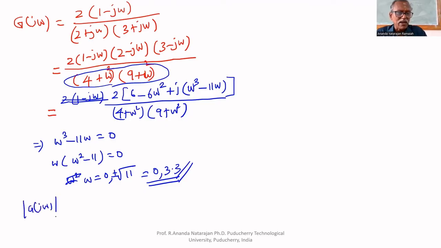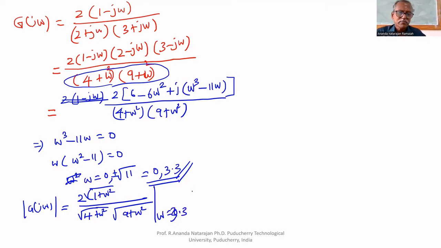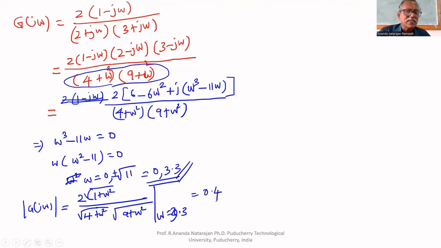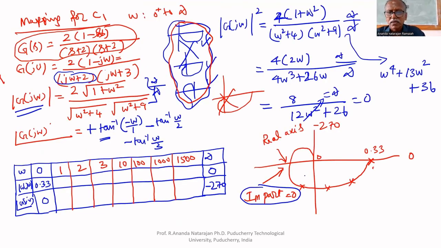Therefore, the magnitude of G of j omega equals 2 multiplied by square root of 1 plus omega square divided by square root of 4 plus omega square times square root of 9 plus omega square, where omega equals 3.3. If we substitute 3.3, the value is 0.4. So it intersects the real axis at 0.4.